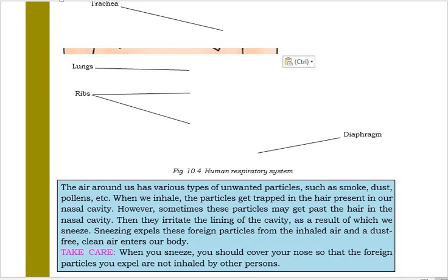Sneezing expels these foreign particles from the inhaled air and dust-free, clean air enters our body. When we sneeze, we should cover our nose so that the foreign particles we expel are not inhaled by other persons. That's why nowadays everybody is covering their mouth and nose with a mask.